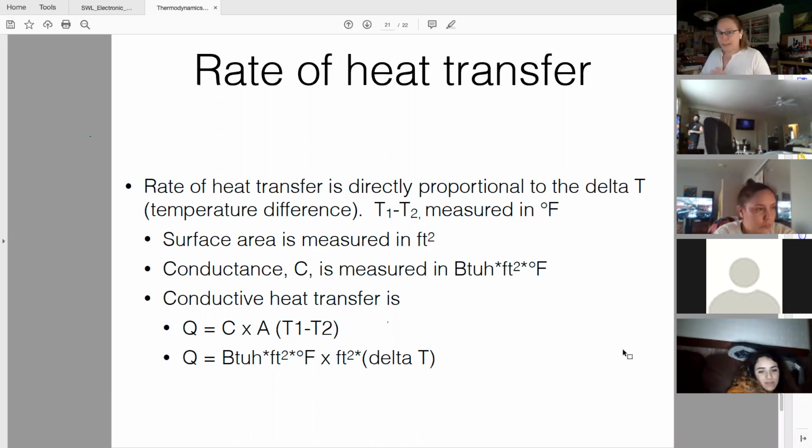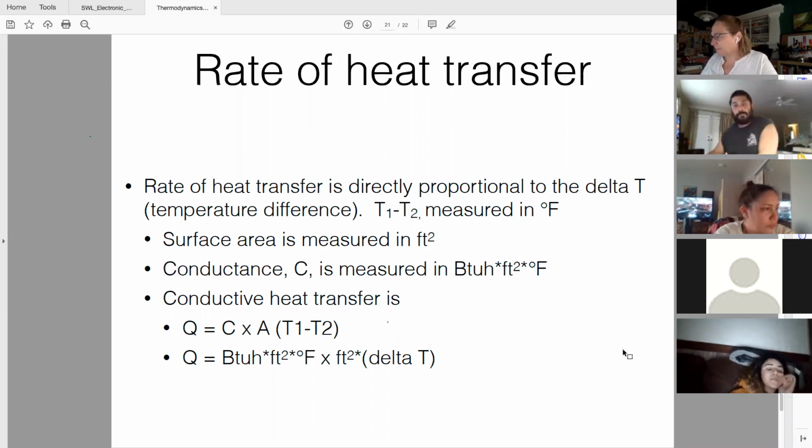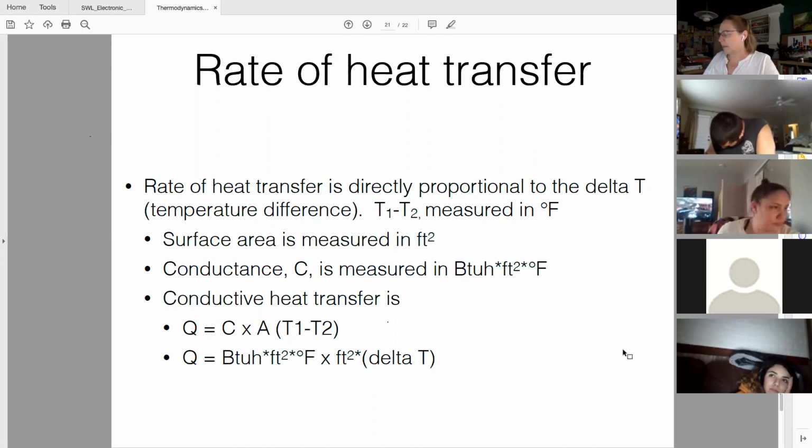You won't ever have to pull it out of the air, but understanding how it works is important. If you recall, I can't remember which class it was, I was complaining about the way they write BTUs per hour. This is where it really starts to bug me.